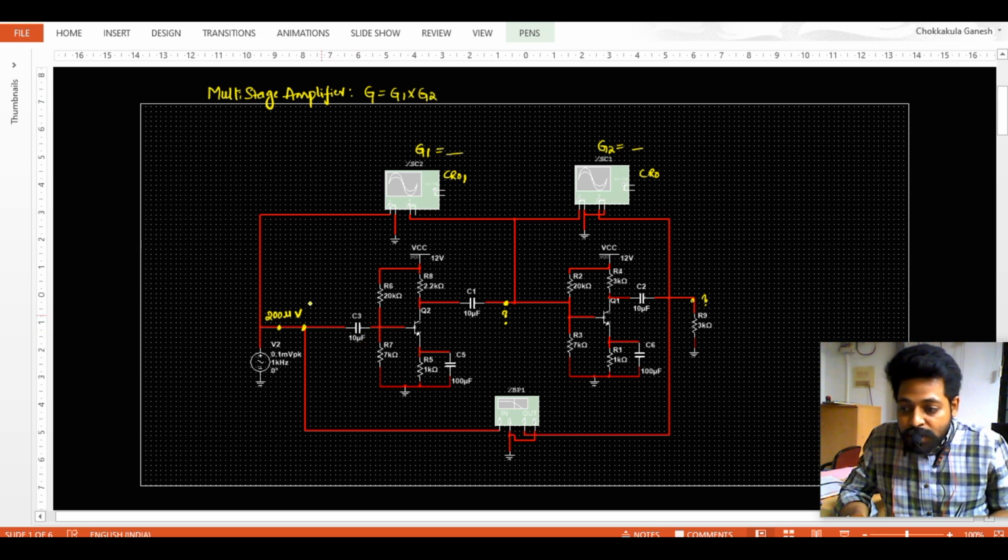The justification is, whatever input signal I apply, let it be a small x. This amplifier over here is exactly the CE amplifier which we designed in the previous case, where all the values are similar: bypass capacitor and coupling capacitors, R1, R2, RC, RE, everything is the same, and a similar kind of transistor is taken. We also know the gain offered by this one.